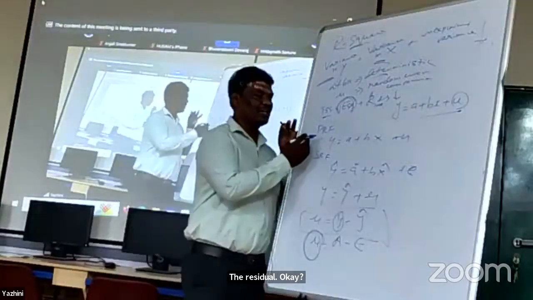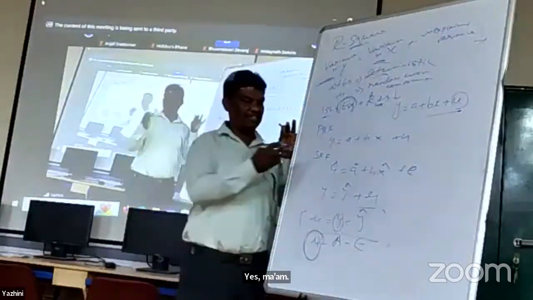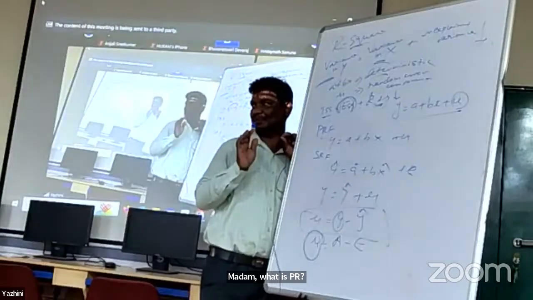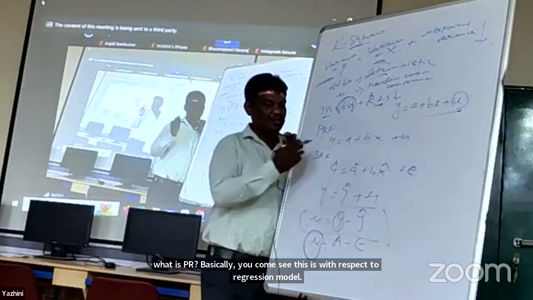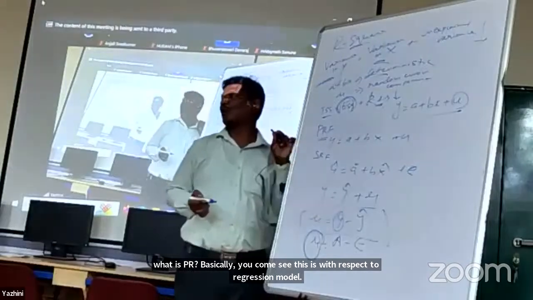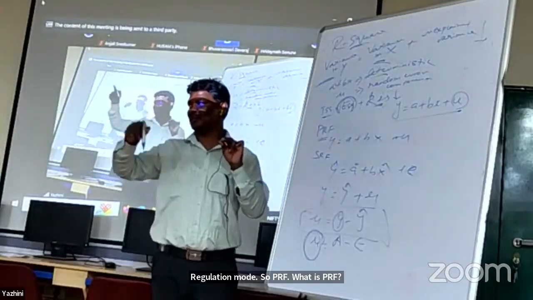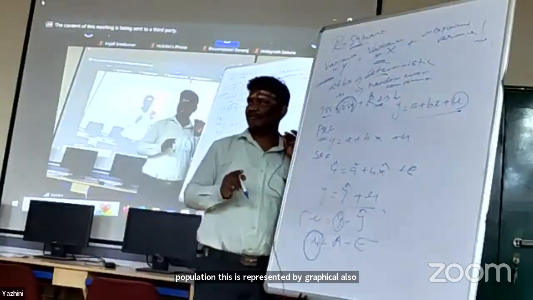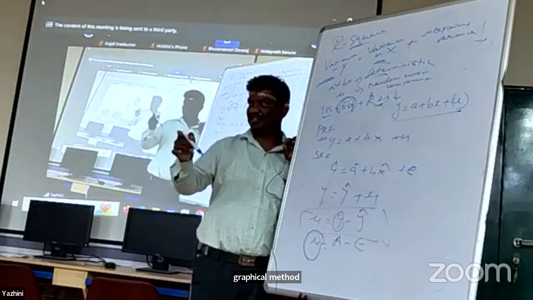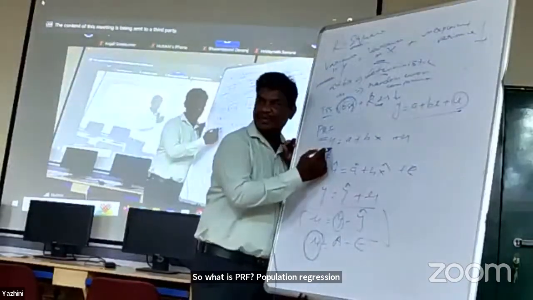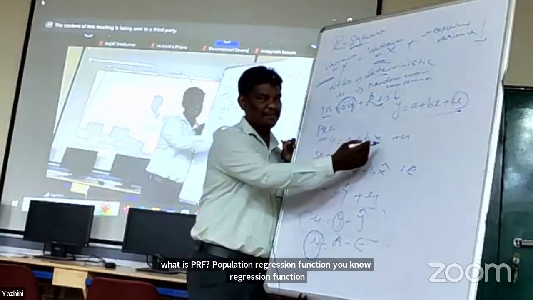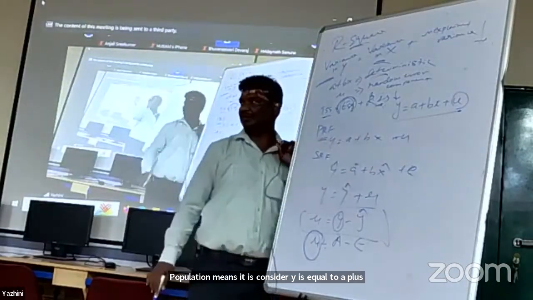Madam, what is PRF? See, this is with respect to the regression model. PRF is represented graphically also. What is PRF? Population regression function. Population means it is considered y is equal to a plus bx plus u. Let it be.